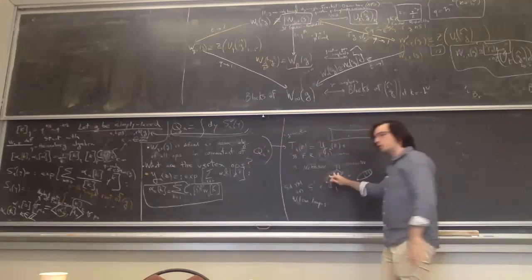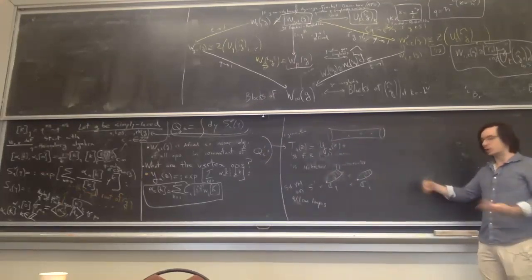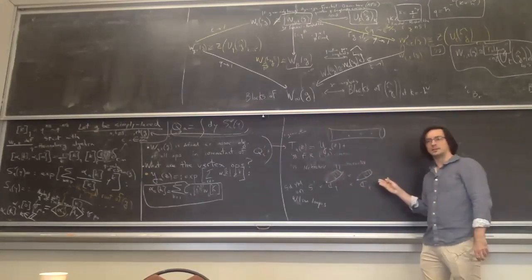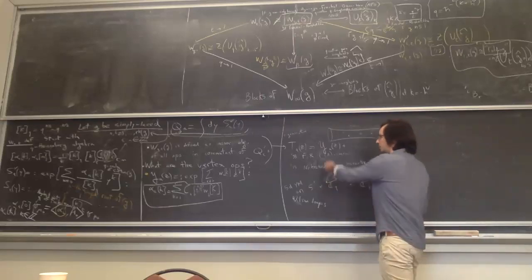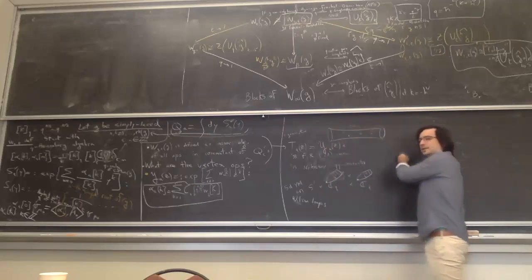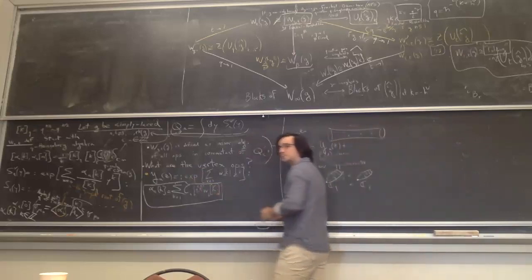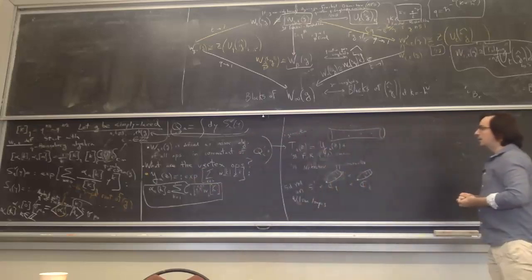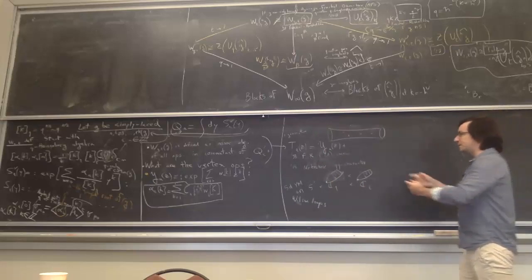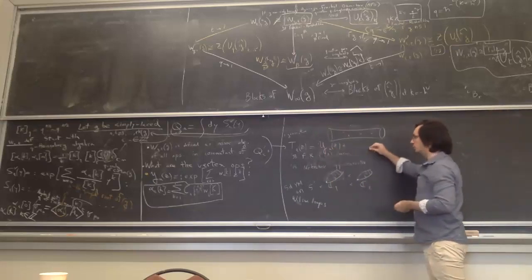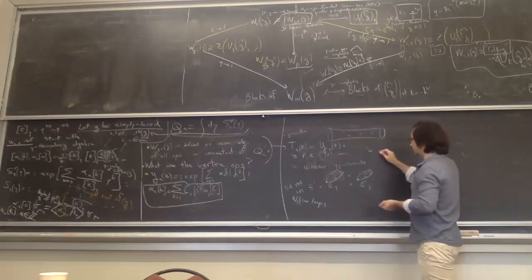You can carry out a localization computation of what the VEV of these loops should look like in this background, and you'll find that the VEV looks like the exact Laurent polynomial sum of such operators. The surprise is that this is not just an arbitrary Laurent polynomial.